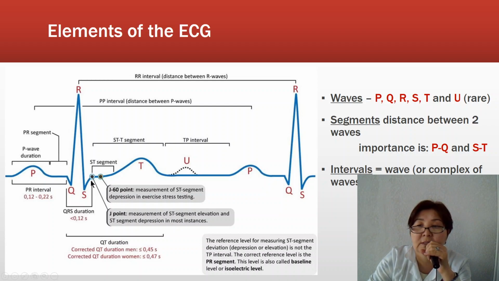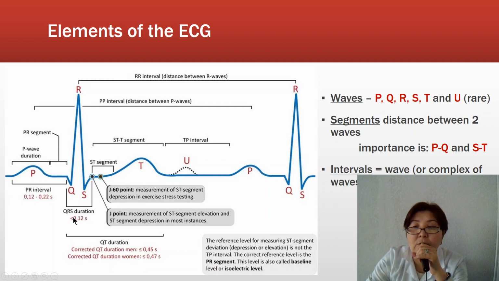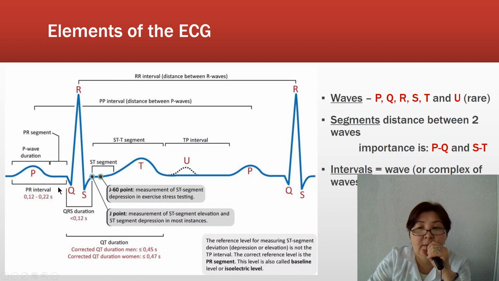Segments are the distance between two waves. Important ones are the PQ and ST segments. Intervals mean a wave or complex of waves with segments. Important ones are the PQ and QT intervals.